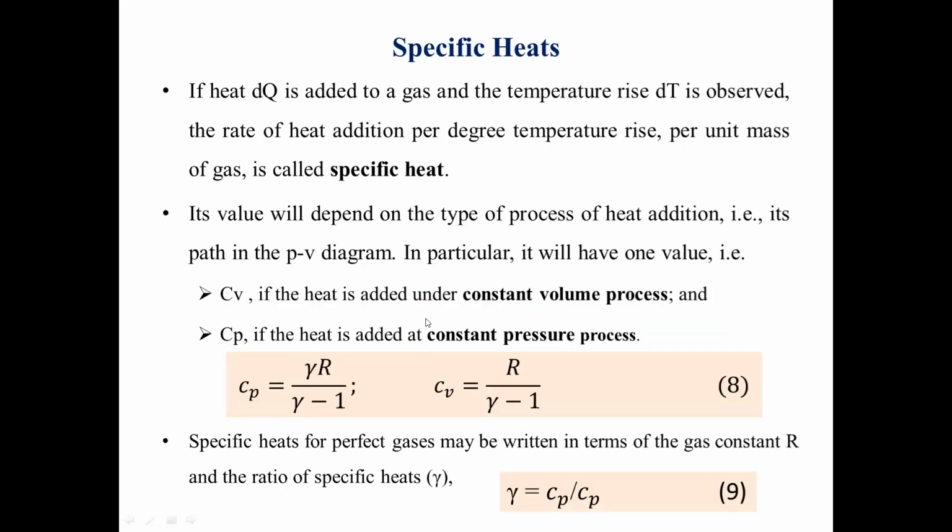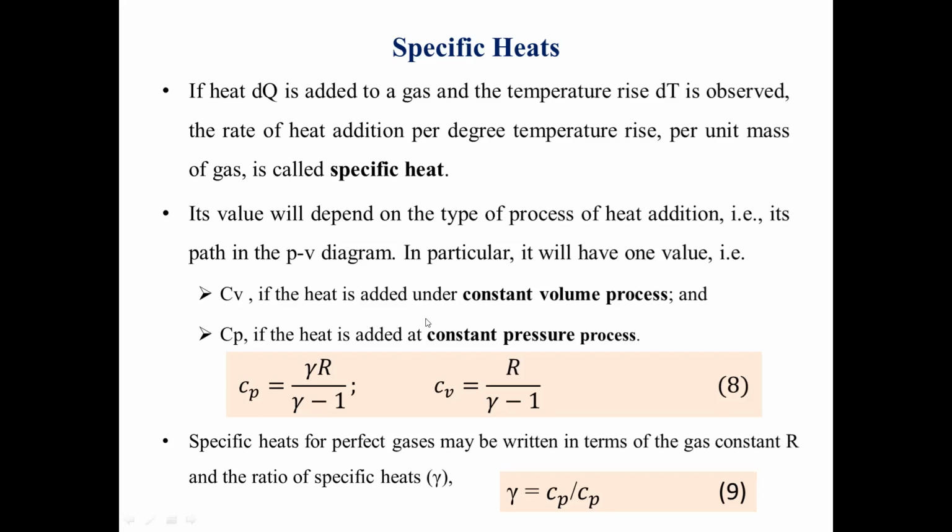So we have some terms which we have to define. Actually, you are familiar with them from your thermodynamics course, but to make it clear in relation to combustion chamber thermodynamics, we have to define some specific properties like specific heat.